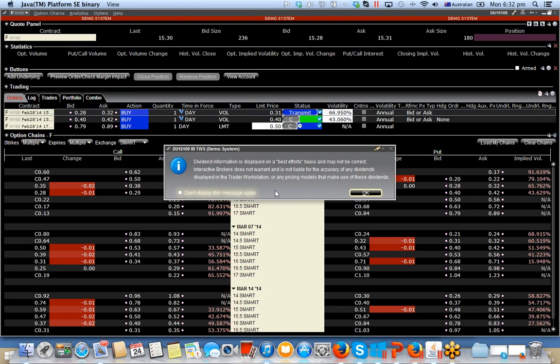Of course, the system will tell you that it provides best efforts in terms of dividends, and dividends are important in terms of calculation of the fair price, and that's as well an important part of your calculation, because when you select volatility, ultimately you rely your choice, your fair price, on Trader Workstation.